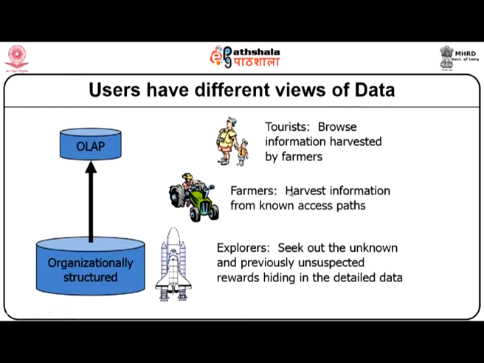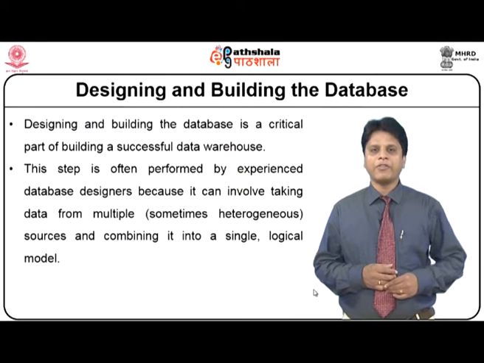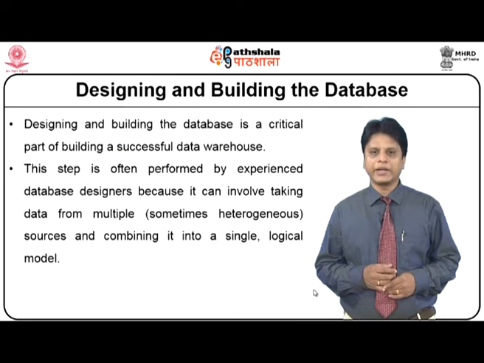The farmer will harvest information from the known access paths, and the explorers will seek out the unknown and previously unsuspected rewards hiding in the detailed data. So they have different perceptions on working with these data items. So how do we effectively design and build a database?